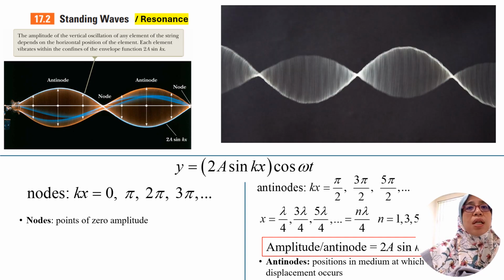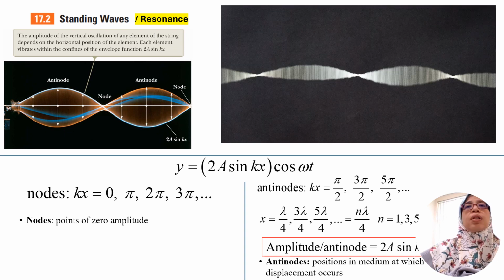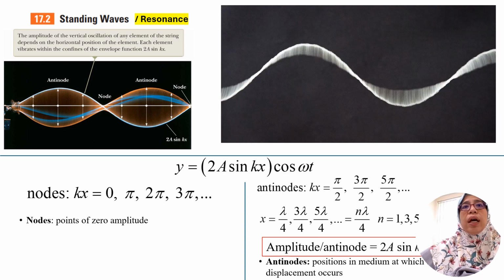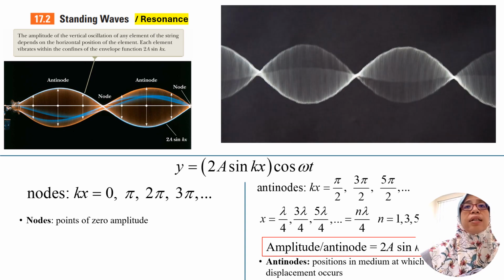For nodes, it's lambda over 2 onwards, so divided by 4 for anti-nodes, and nodes is half of it, right? And the amplitude of the anti-nodes itself is 2a. Yes, anti-nodes itself is 2a sine kx.